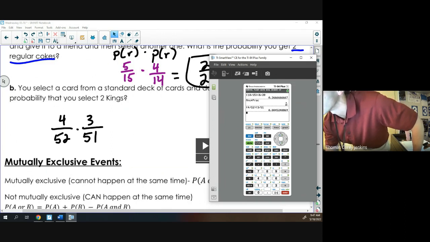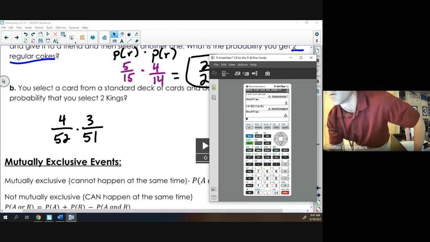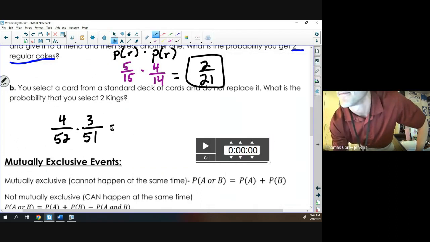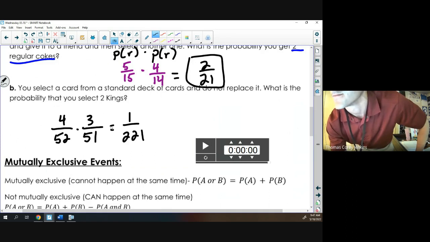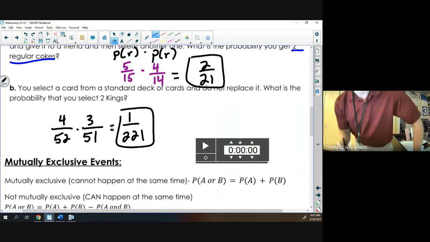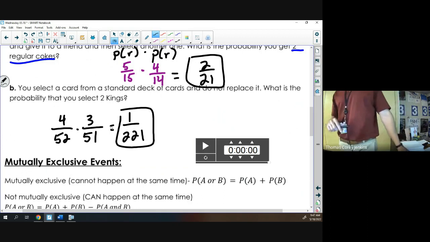I'll turn that into a fraction, easier to write out. So 1 out of 221. So not very likely.